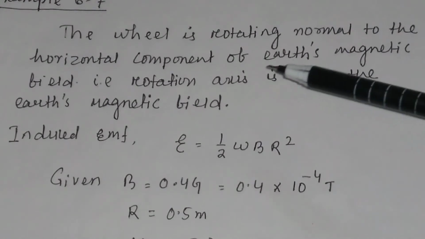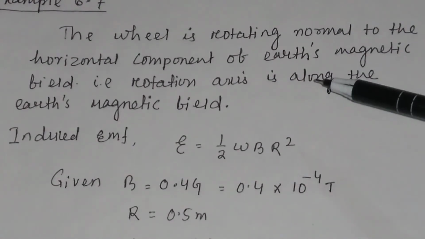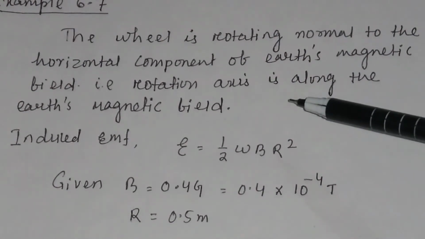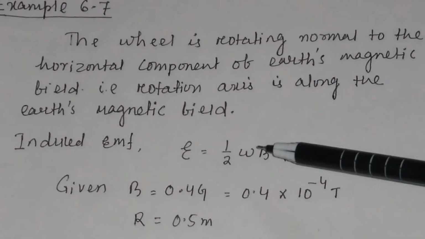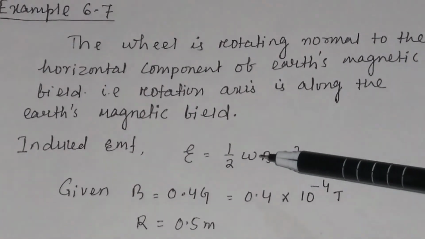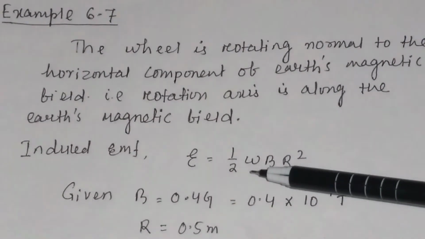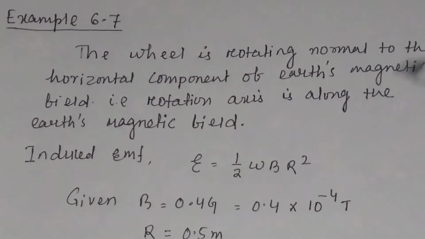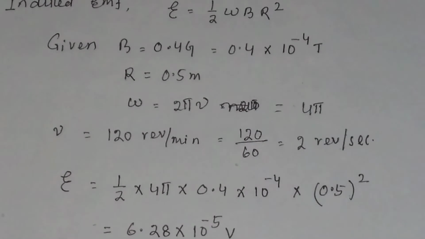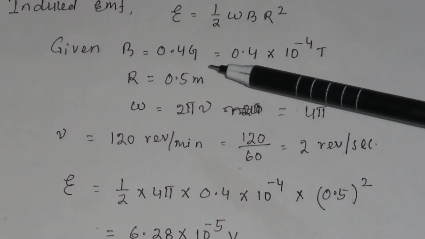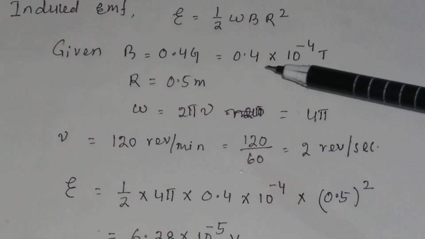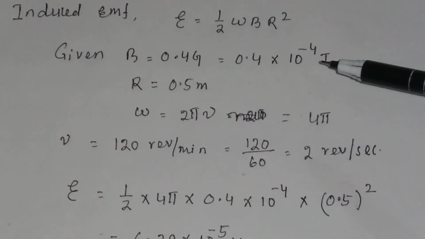Since the wheel is rotating normal to the horizontal component of Earth's magnetic field, that is, the rotation axis is along the Earth's magnetic field, the induced EMF, as we discussed in the previous problem, is equal to half omega B R square. Magnetic field B is 0.4 Gauss, that is 0.4 into 10 to the power minus 4 Tesla.